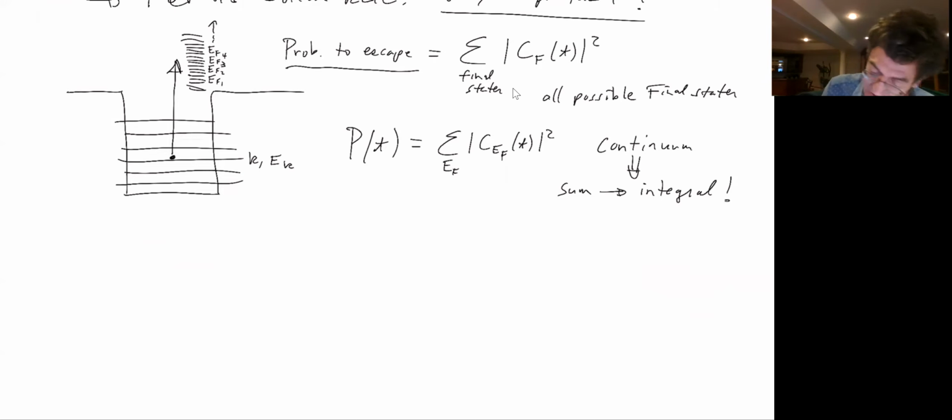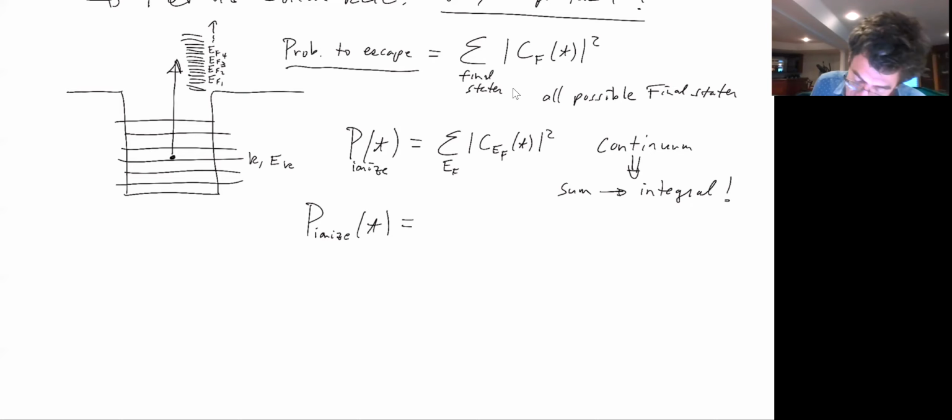And there's a special way to do it, because the probability to ionize at some time t is going to be, now to turn the sum into an integral, you have to integrate over all final energies.